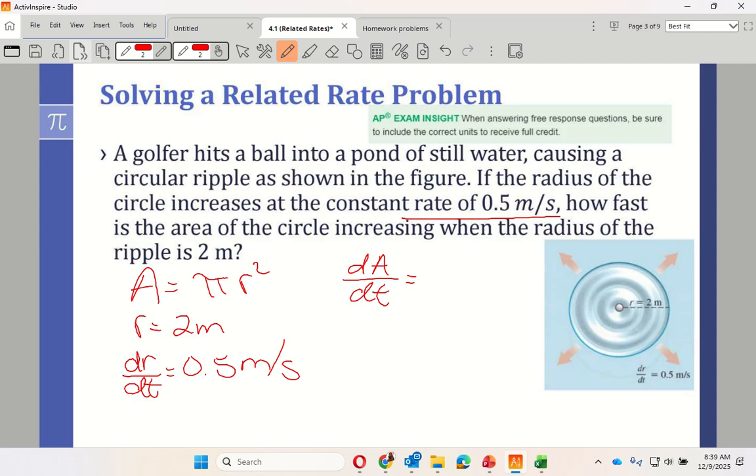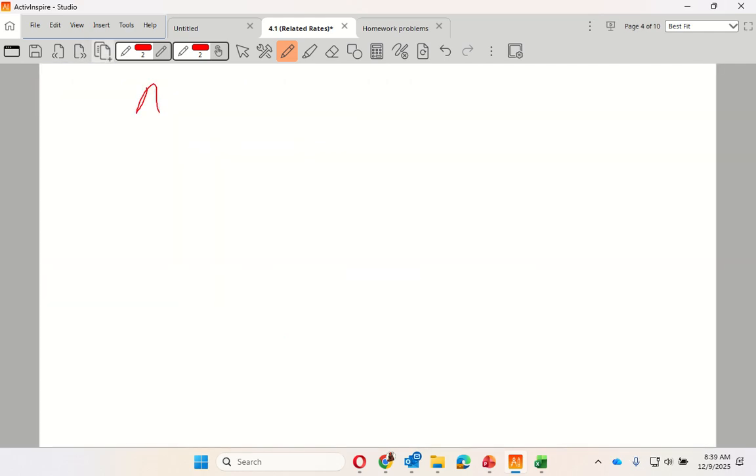So now I have area equals pi r squared. Now let's take the derivative of this with respect to time. With respect to time.